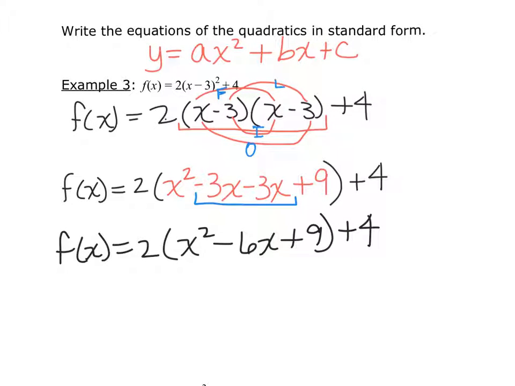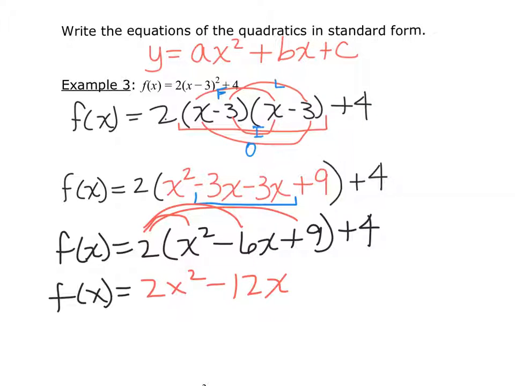All right, so we still need to get rid of the parentheses, so I'm going to distribute 2. So f of x equals 2 times x squared is 2x squared. 2 times negative 6x? Negative 12x, beautiful. And 2 times 9? Positive 18, right? Plus 4.